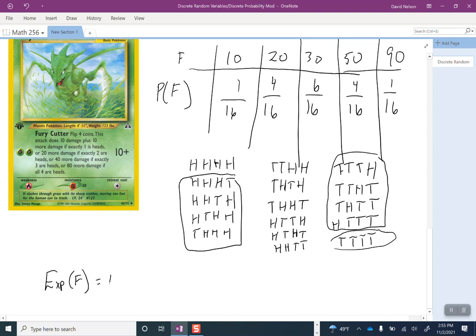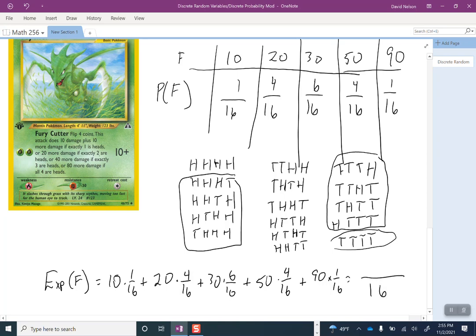And the way you do it is you take the numerical value and multiply it by the probability that that thing happens. So 10 times 1/16 plus 20 times 4/16 plus 30 times 6/16 plus 50 times 4/16 plus 90 times 1/16. And that will give you your expected value.